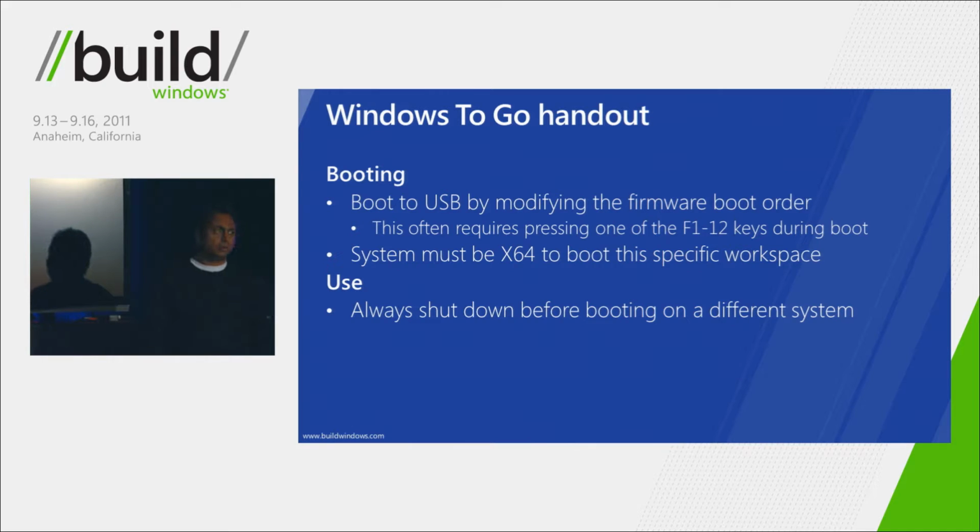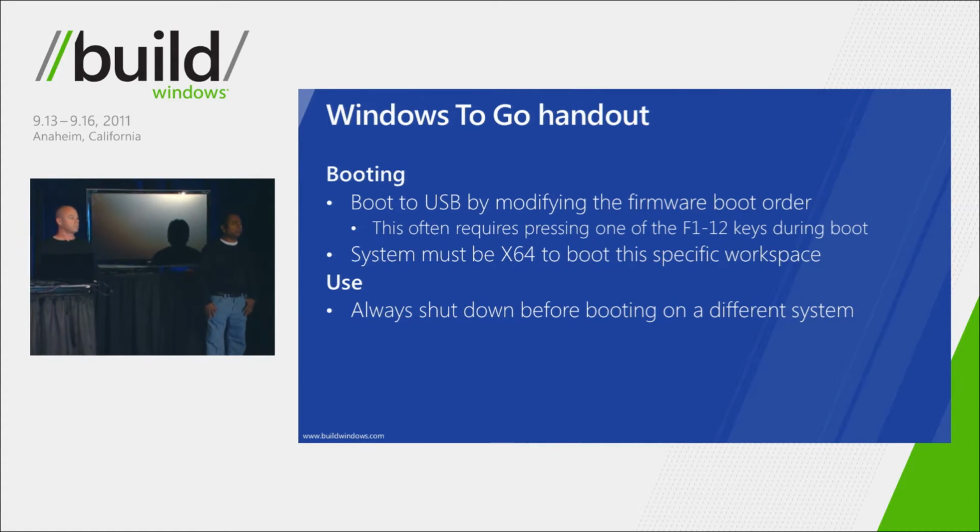Following the same thought, you can have, for example, a 64 gig USB drive with half for Windows To Go, and the other half as a share.